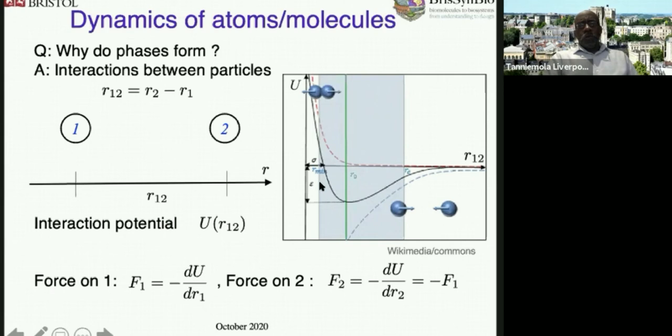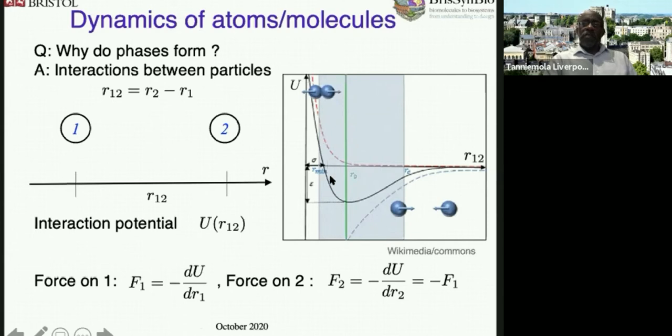So we've got an interaction potential. Imagine you have two particles separated by some distance r_12. There's a potential which depends on the distance, and the potential has this form. We can tell whether the potential is attractive by looking at the force, which is the derivative of the potential: it's minus dU/dr.